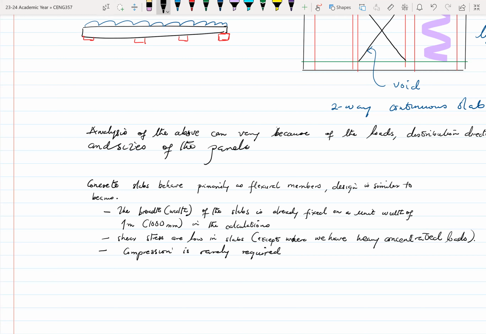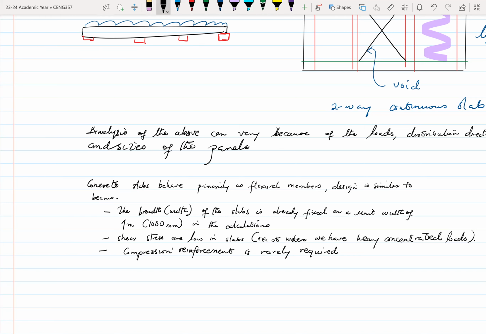Then also, you hardly have a need for compression reinforcement. It is rarely required. Okay.